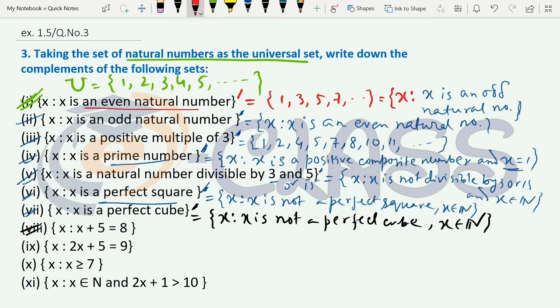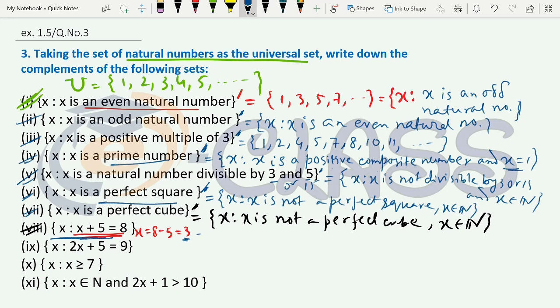Now question number 8. Question number 8 says x such that x plus 5 equals 8. If we solve this, we get x equals 8 minus 5 equals 3. So basically the set in question 8 contains only the element 3.